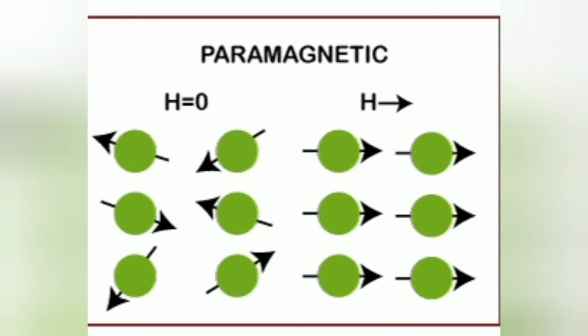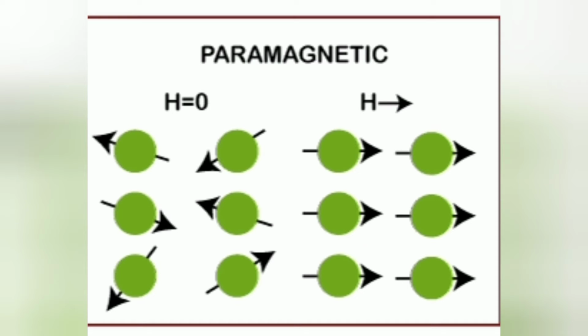As shown in the diagram here, in the absence of any external magnetic field, that is when H is equal to 0, the net magnetic moment is also 0. The magnetic moments align themselves in such a way that the net magnetization produced is 0. So in the absence of any external magnetic field, a paramagnetic material also behaves like a diamagnetic material and doesn't produce any magnetization.